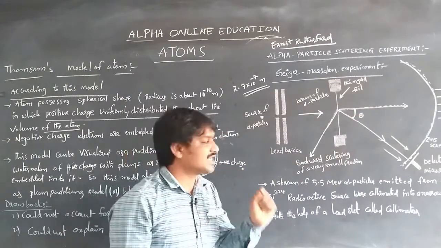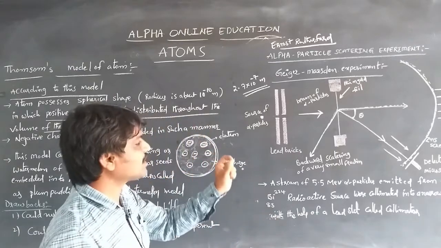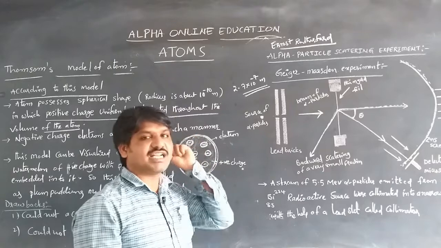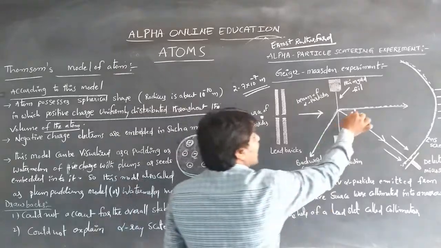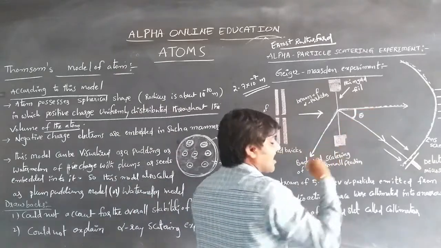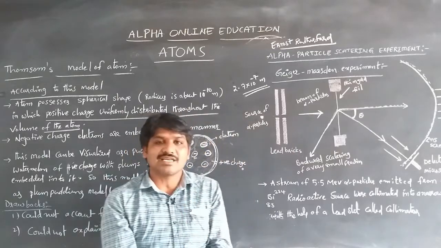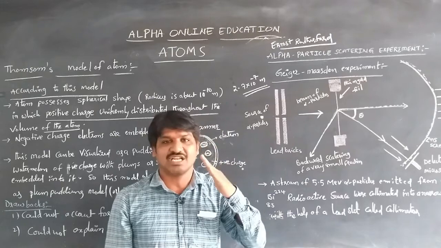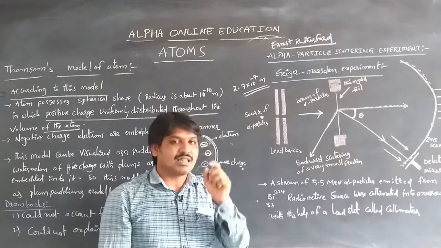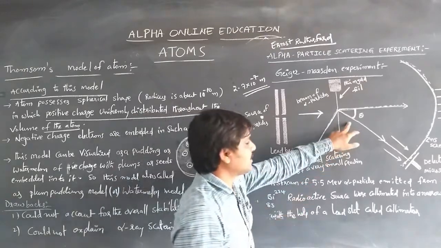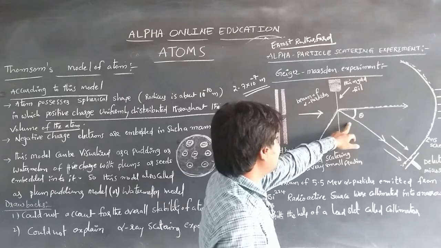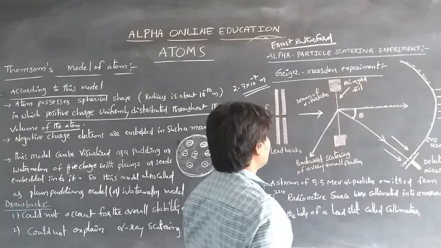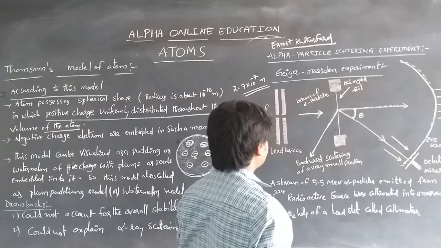The alpha particle has scattered with an angle theta. Making an angle with the original direction is the angle of scattering, so the angle theta of deviation of an alpha particle from its original path is called the angle of scattering.